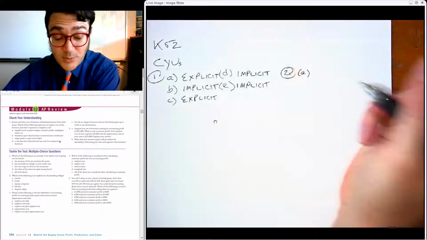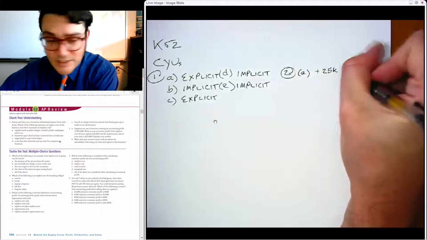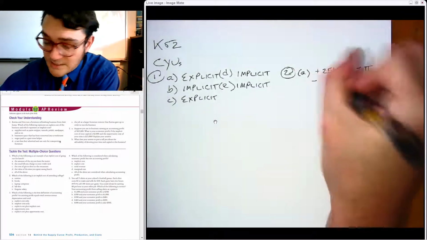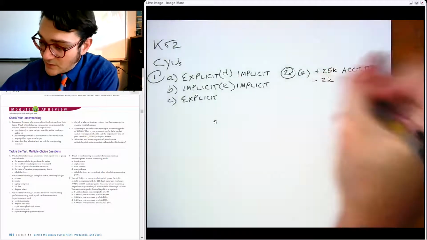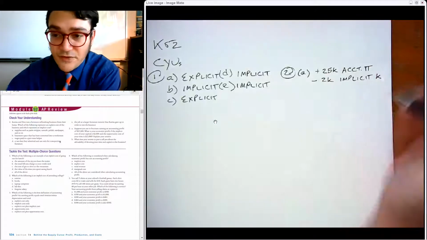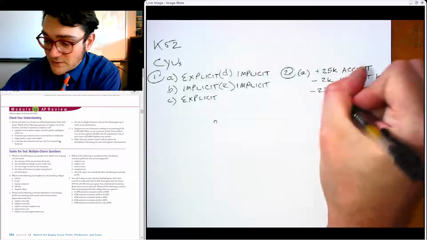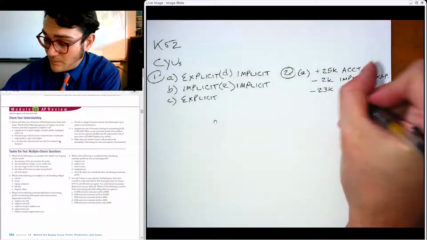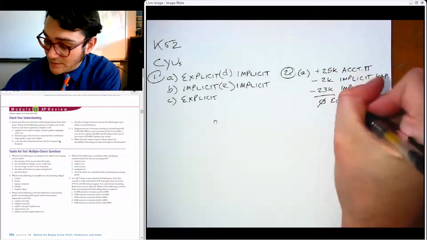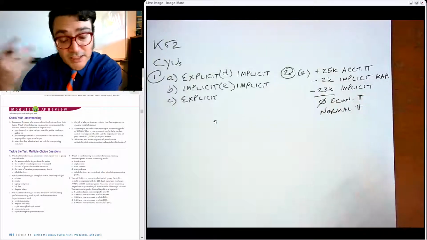For part A, we have a positive $25,000 accounting profit, minus the $2,000 in implicit capital, and I'm going to use K as shorthand for capital, and then minus the $23,000 that's the implicit cost of your time. That leaves us with $0 economic profit, or we could also say normal, because we know from the lecture that that's considered normal.